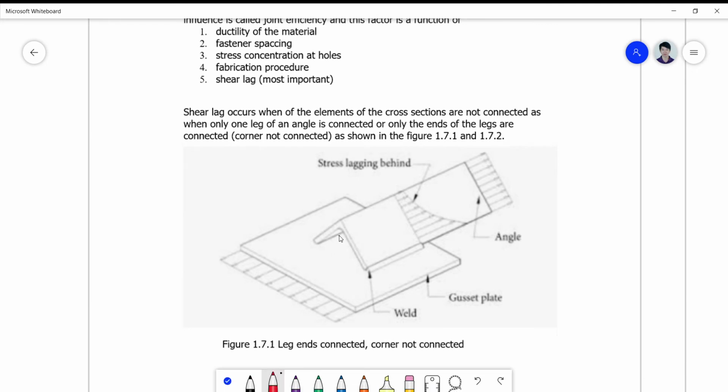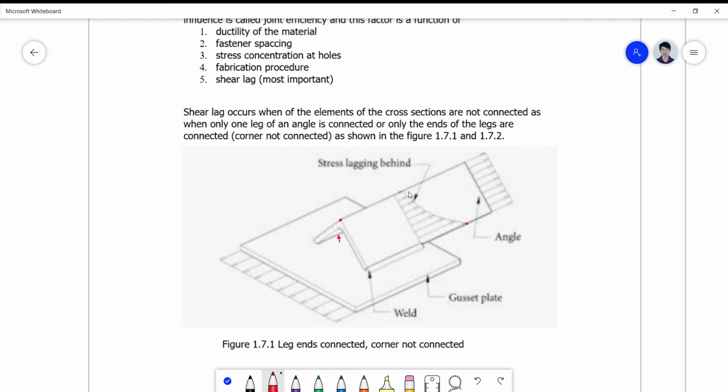So the centroid of this bar is located here, which is very near this vertex. Okay, when you pull it on this location, then the shear lag or the shear concentration will be on the center. But on the other way around, if you pull this in a manner it is connected here on the end of the legs, then the stress concentration will actually be maximum at this end.